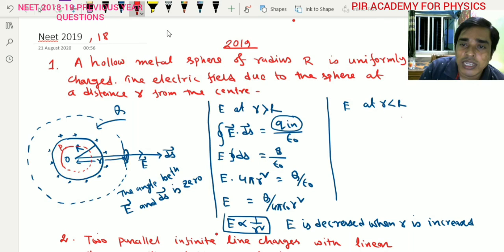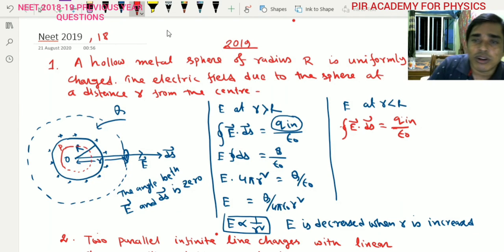Okay, so here it will be E dot ds equals q in by epsilon naught.